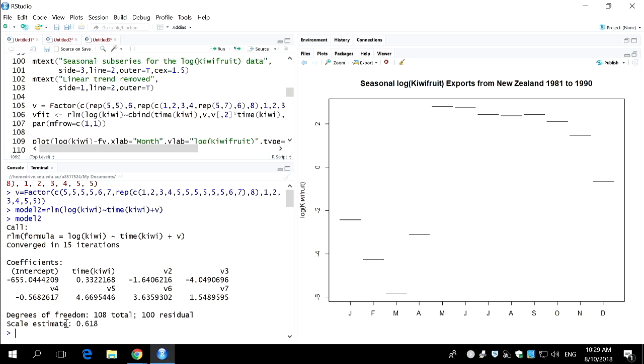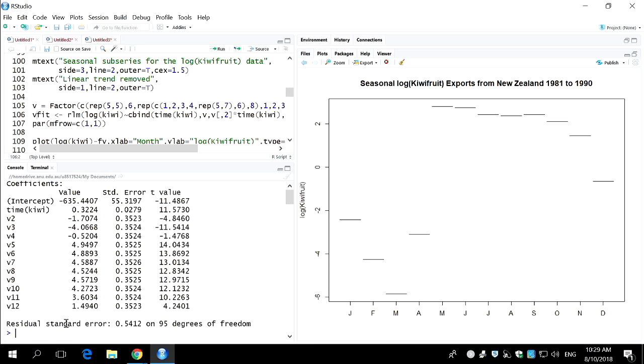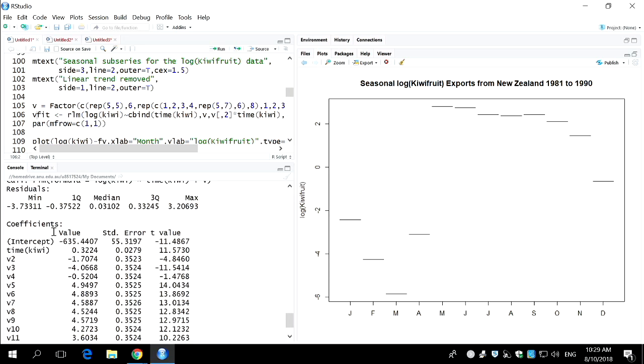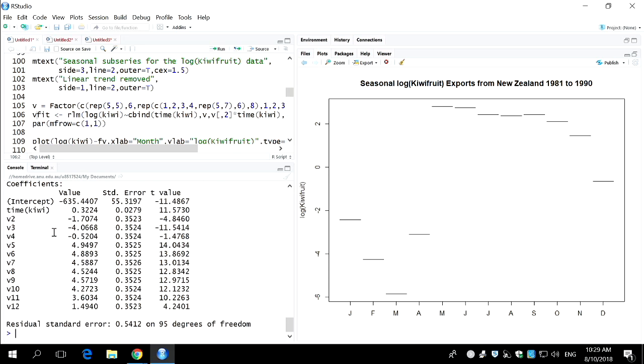So if I do a summary of model 1, I get this. You can see everything's significant. To do an R squared, I need to use lm. So let's go back and fit it with lm.